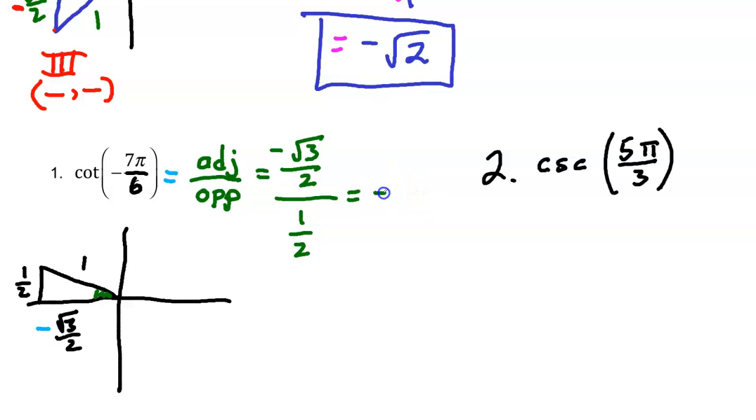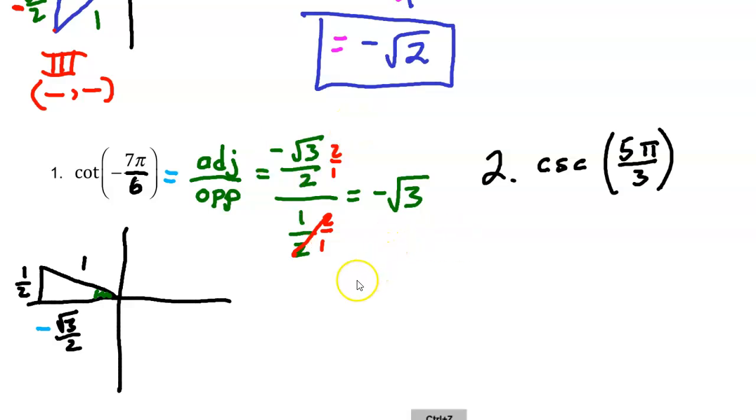And that will simplify simply to negative root 3. Now, if you don't see how I got there so quickly, all I'm doing is just multiplying by the reciprocal top and bottom. So the denominator is gone, and now these 2's cancel out, and I'm left with just negative root 3 over 1, which is negative root 3.